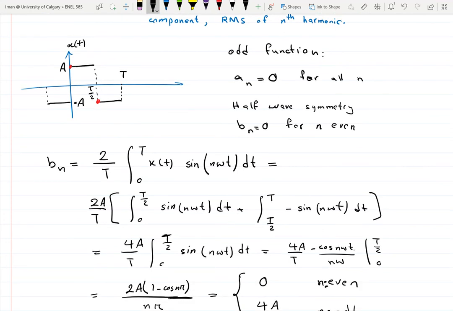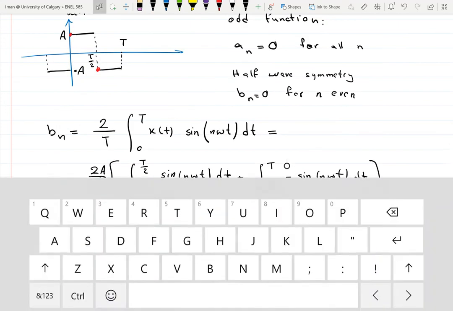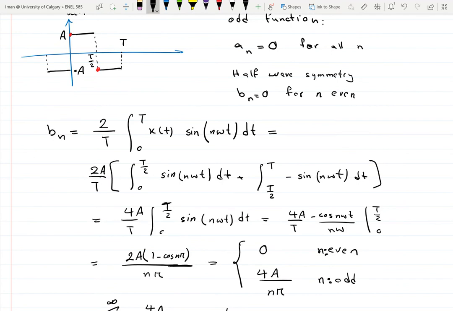So b of n is equal to, this was the formula that we could find it from: 2 divided by capital T, integral from 0 to T of x of t, which is our function here, times sine of n omega t dt. So from here on out it's just math. I divide the integral from 0 to the end of the time period into two parts, basically this part and this part.